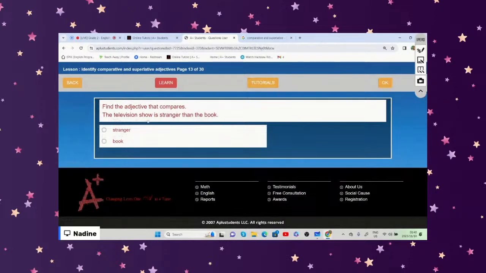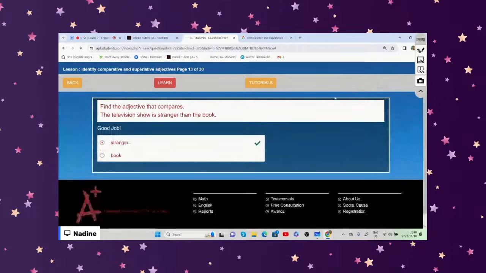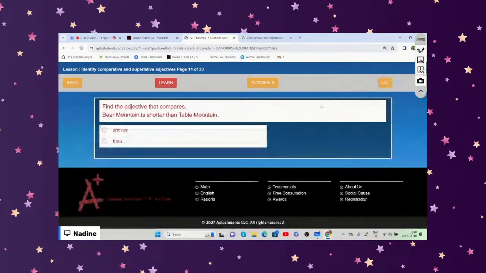And then the television show is stranger than the book. And then we can say stranger, which is a comparative adjective. Big Mountain is shorter than Table Mountain.